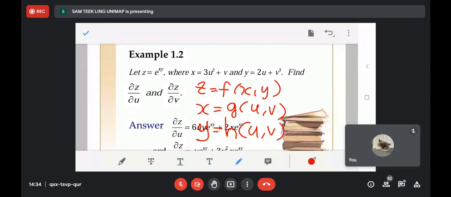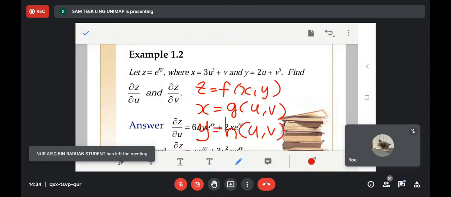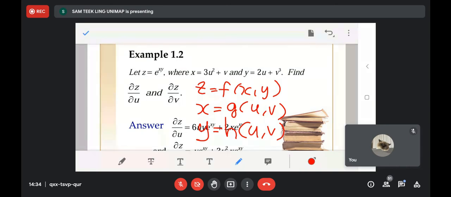So if we got this form, say we want to find del z del u, del z del v, we can directly solve. No need to apply the inverse function. So from here we know already whether we need or do not need the inverse function.